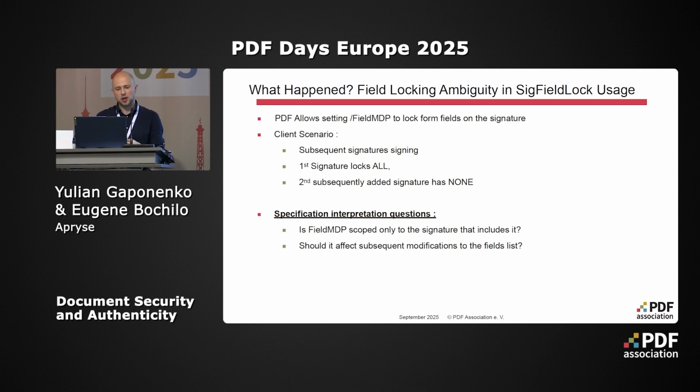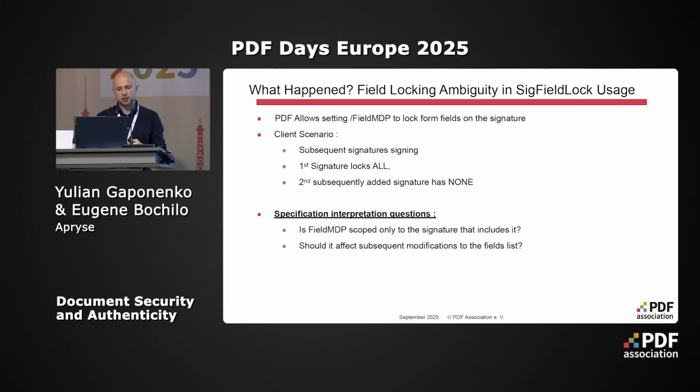To do that, they assigned a lock dictionary to the first signature, and they specified the locking property to lock all signatures. Because they wanted all of the signatures in the file that existed at the moment to be locked.